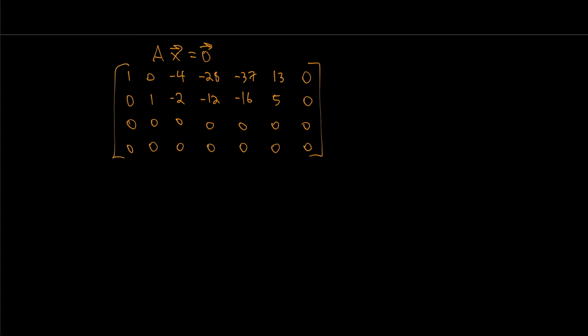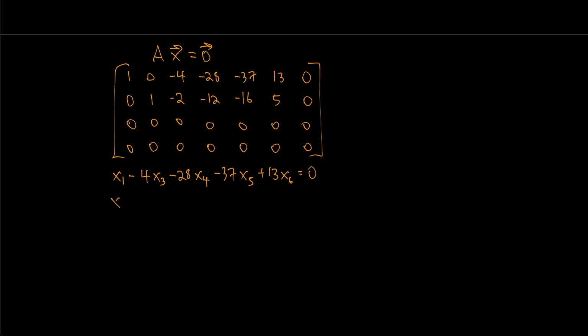Okay, so reading off, we see that x1, this first variable, 1 times it, minus 0x2s, minus 4x3, minus 28x4, minus 37x5, plus 13x6 is equal to 0.